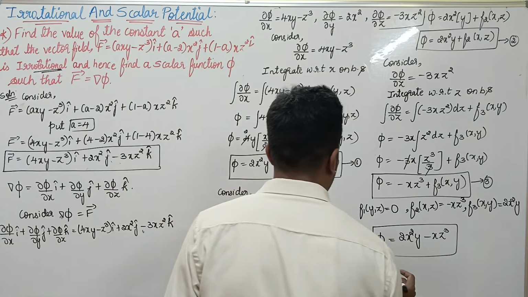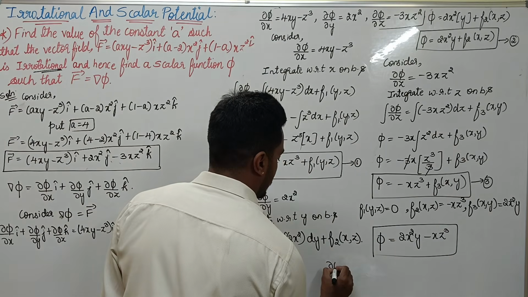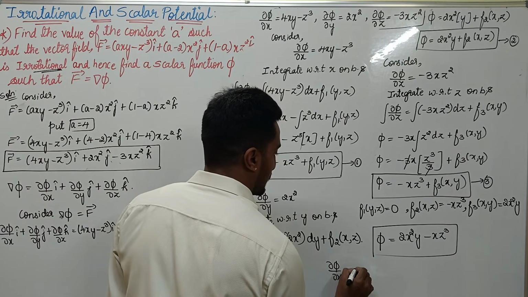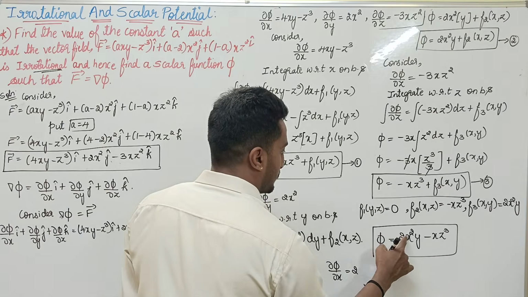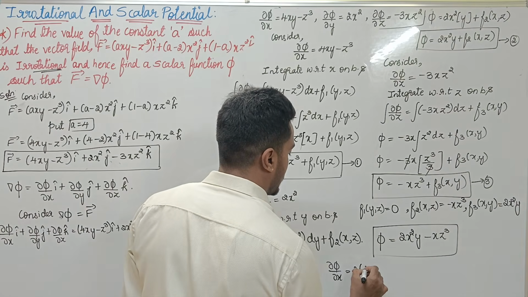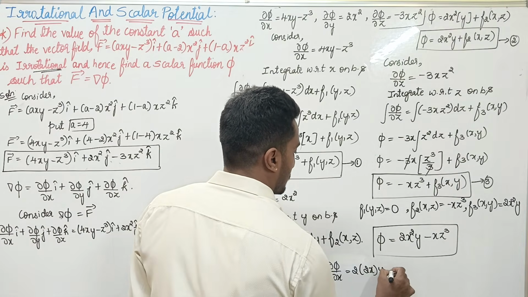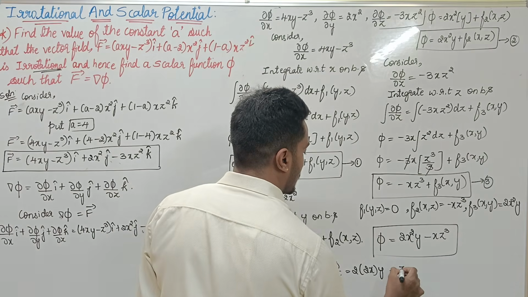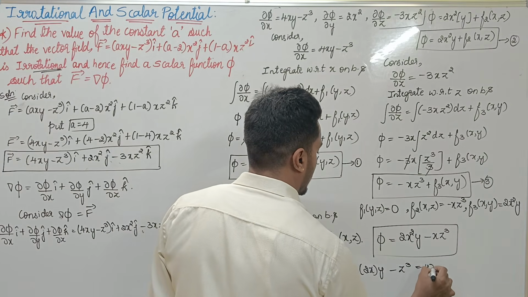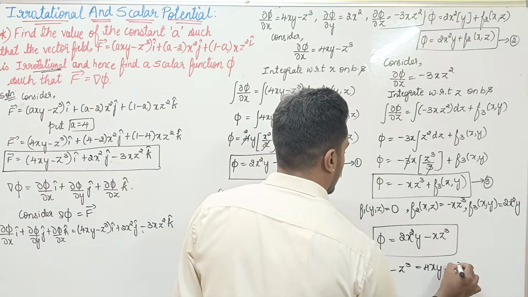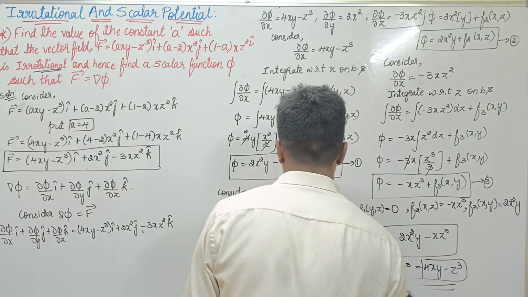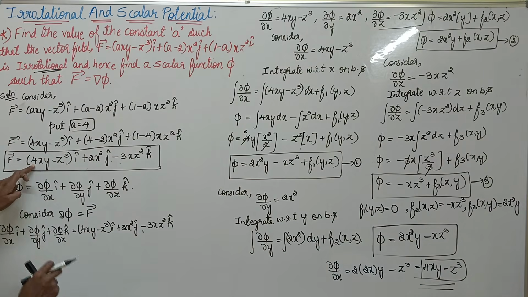Now 2 remains constant, differentiation of x gives 1, so you get 4xy minus z cube. Check, you get this: 4xy minus z cube. This is how we represent and verify the scalar function.